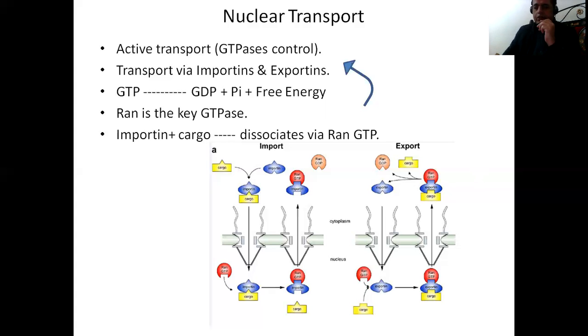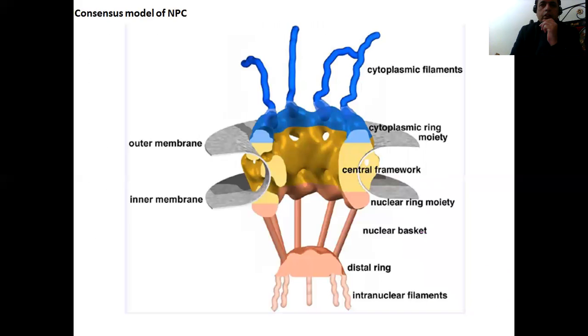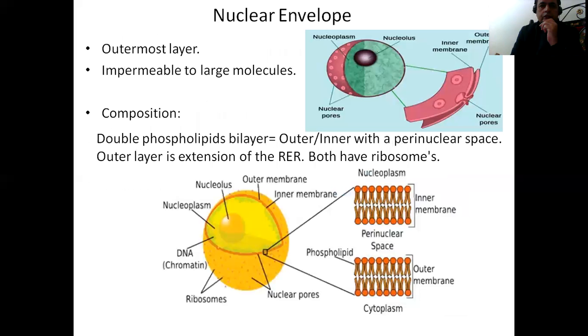You know about passive transportation very well, how things move along a gradient. So that was about the nucleus. Further structures and other things would be discussed in later lectures. Thank you so much for watching.